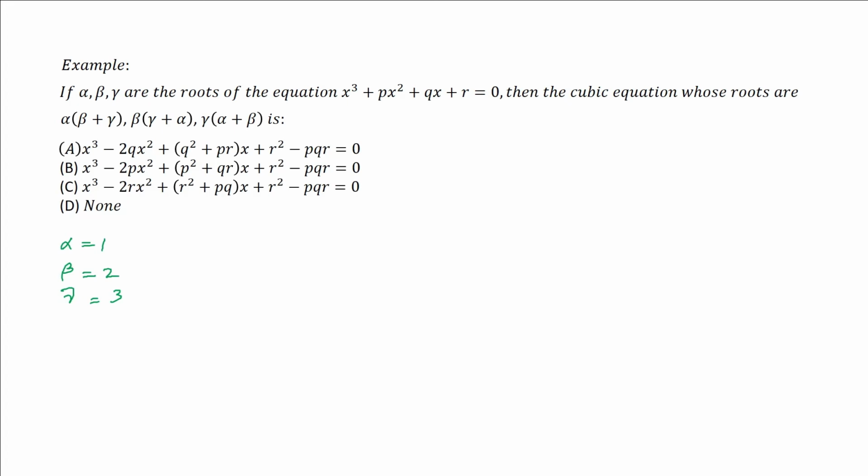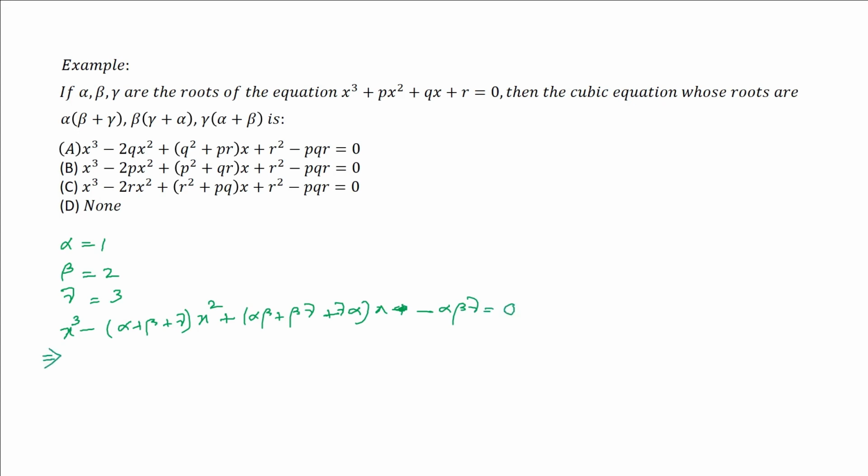You know the cubic equation whose roots are alpha, beta, gamma is x cube minus (alpha plus beta plus gamma) into x square plus (alpha beta plus beta gamma plus gamma alpha) into x minus alpha beta gamma equal to 0.